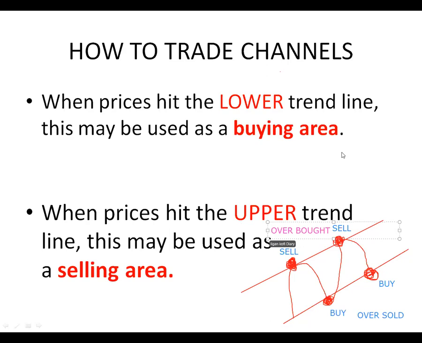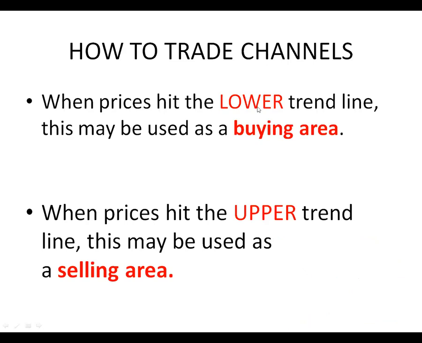Oversold is when it touches the down part of the channel. Overbought is when it touches the top part of the channel. Once it touches the top part of the channel, it means it's time for you to sell. But when it touches the down part of the channel, it's time for you to buy. Is that okay? Good. Now let's continue. This is how you can trade channels.